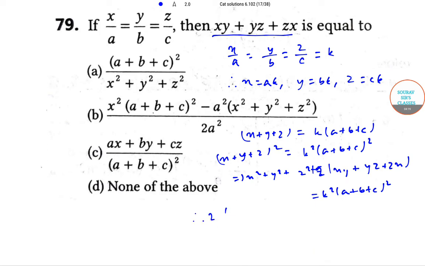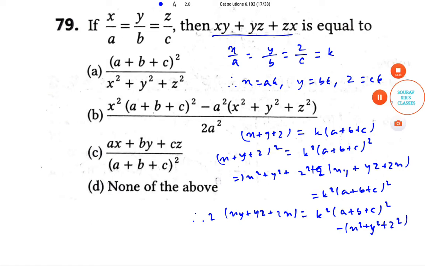Therefore 2 into xy plus yz plus zx is equal to k squared into a plus b plus c whole squared minus x squared plus y squared plus z squared.